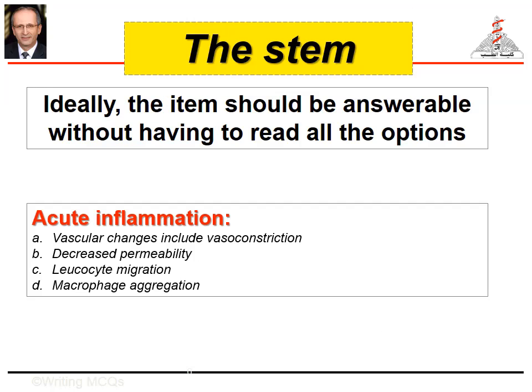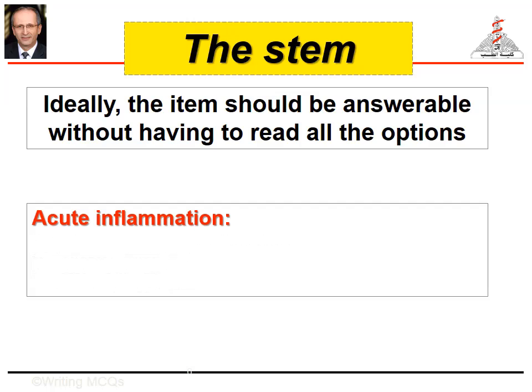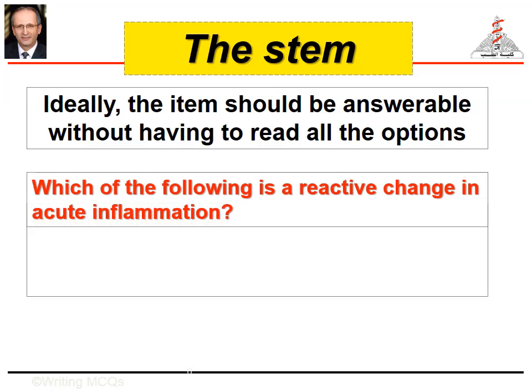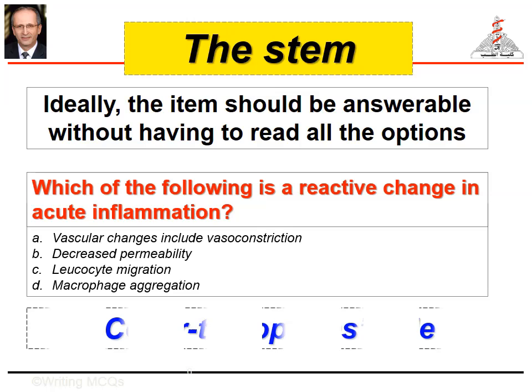Ideally, the item should be answerable without having to read all the options. You can now realize that this is a bad stem. Putting it in the form of a question, now you can propose an answer. This is what we call the cover the options rule.